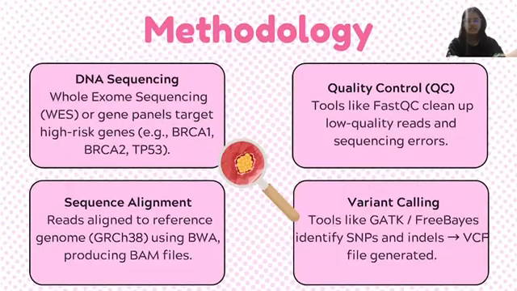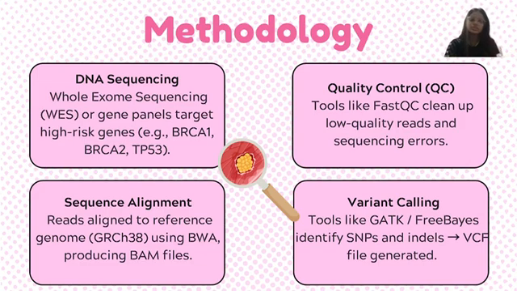To detect genetic predisposition to familial breast cancer, a structured bioinformatics workflow is applied after sequencing. It starts with DNA sequencing, typically using whole exome sequencing (WES) or targeted gene panels that include high-risk genes like BRCA1, BRCA2, and TP53. These methods focus on the most relevant coding regions.